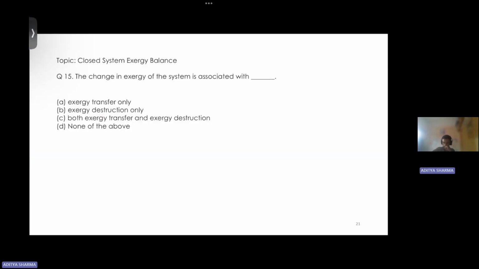So out of the given options, option C correctly answers the question. In that case, C is the correct option.